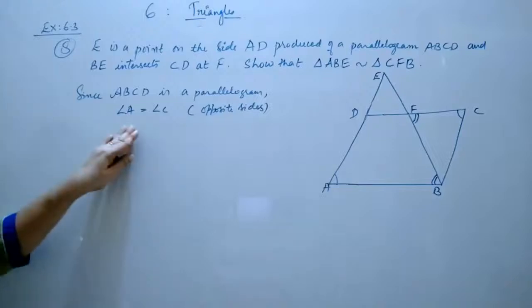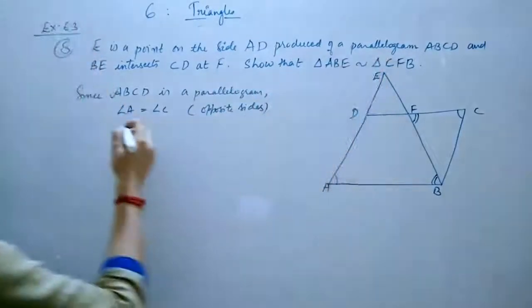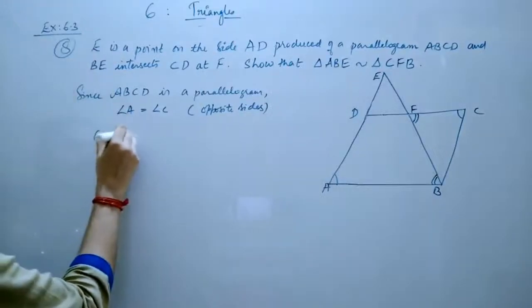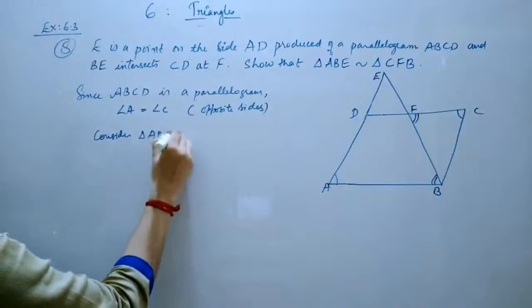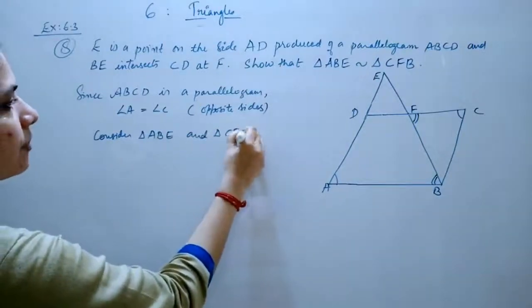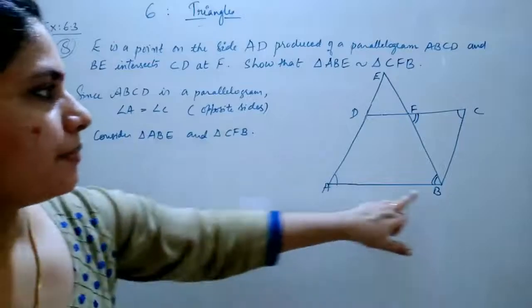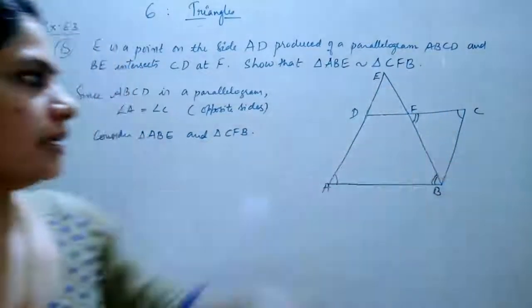So that is one concept. Now we are just going for the triangles which we need to make similar. So consider triangle ABE and triangle CFB. Just see, ABE and CFB, these two.